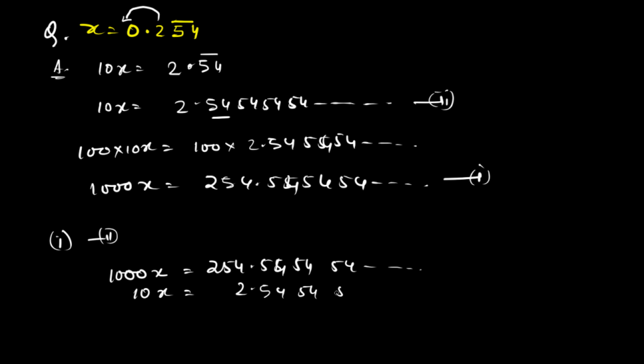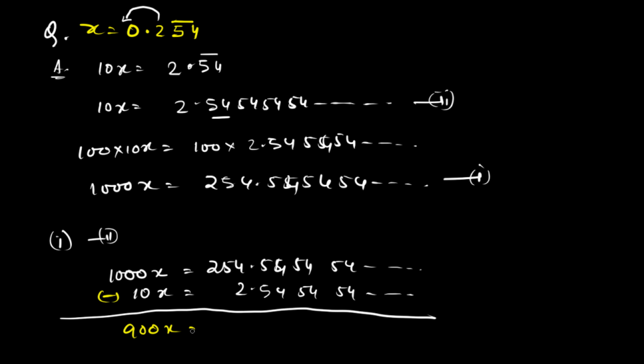So let's subtract it. 990x equals 252. That means you can say that x equals 252 by 990. Sorry, it's not 900, it's 990.